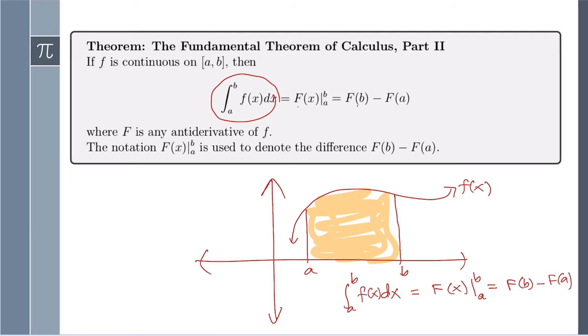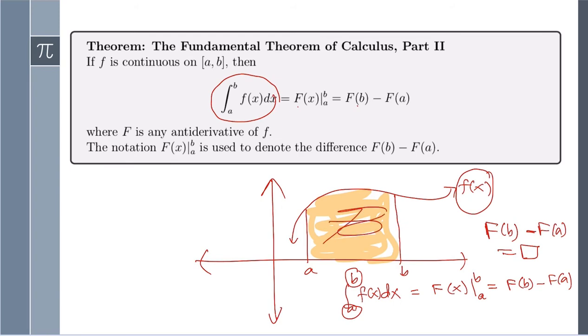So basically what we do is we find the antiderivative of this function, and then we evaluate that function at the upper limit, so we get a value that is F of b. Again, we evaluate that antiderivative at the lower limit, which is F of a, and then we subtract that. And that gives us the net area under the curve, or this area under the curve, or that is the value of the definite integral.